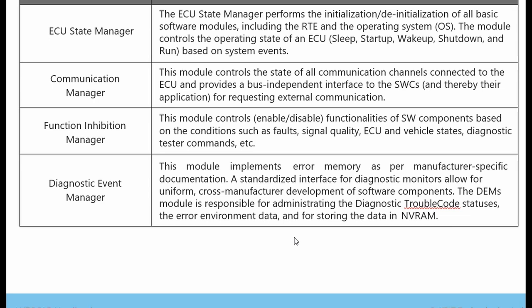It will give an indication like some problem has occurred, the ECU is in a false state. That kind of information you will get from the diagnostic event manager via diagnostic trouble code.